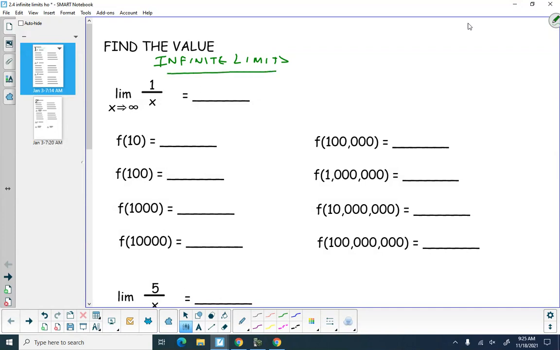When we talk about infinite limits, your x value is going to get larger towards positive infinity or to negative infinity. It's just going to keep on getting bigger and bigger.